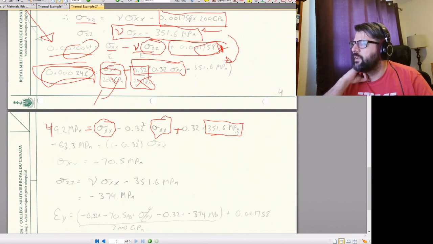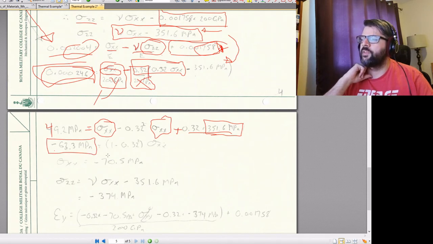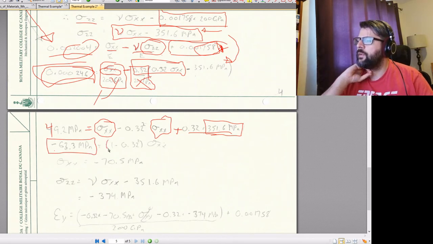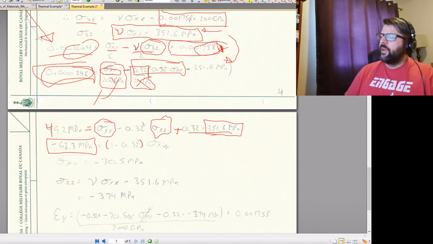So we're able to take that, figure out what that is, and I think it ends up being like 90 something. Subtract that from the 49.2, which gives us negative 63.3 MPa, and all that's equal to 1 minus the Poisson's ratio squared times sigma xx.